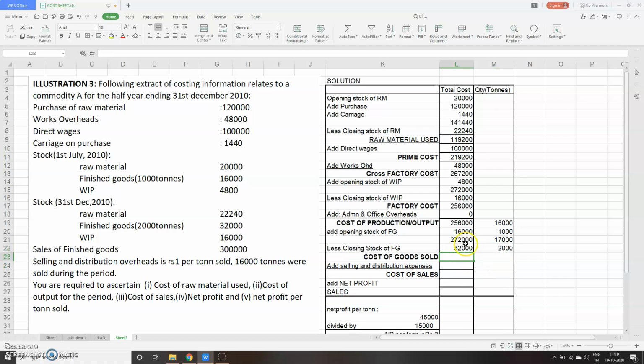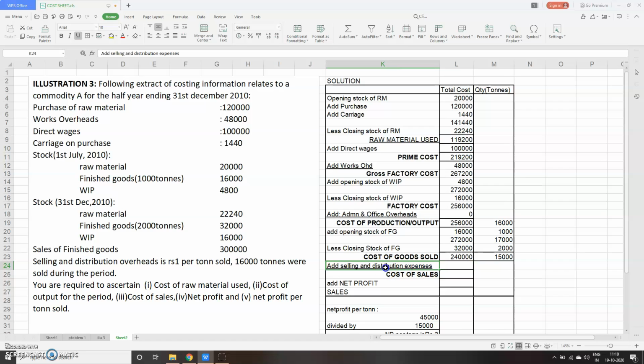So cost of goods sold will be equals to this minus this. 2,40,000. 17 minus 2 is 15,000. So actually sold good is 15,000 only, not 16,000. Out of 16,000, 1,000 was already there at the beginning, and at the end 2,000 still there. So total sold actually is 15,000.